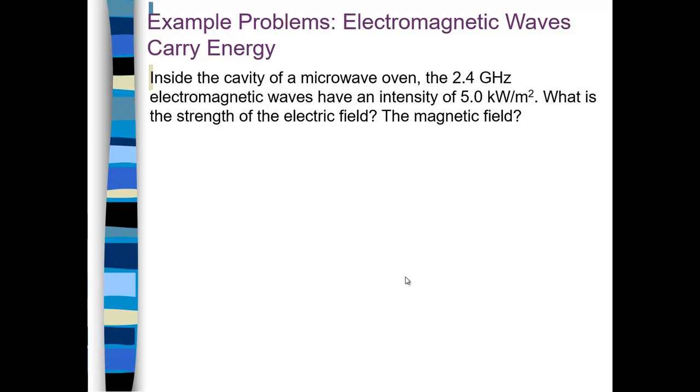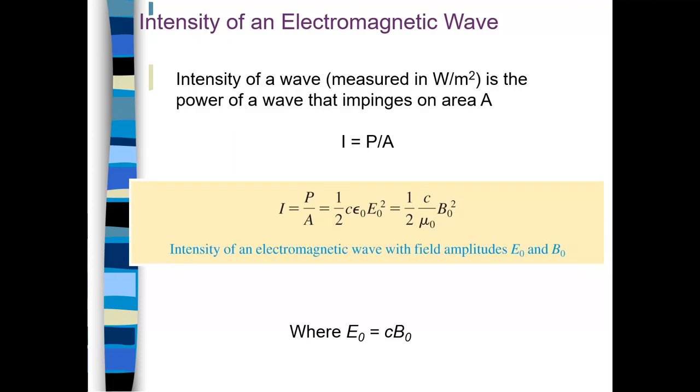And we want to know the strength of the electric field and the strength of the magnetic field. So we know that intensity is just power over area. Okay, that's given already. And we can relate this to our electric field by the speed of light times the emissivity constant times the square of our electric field. So we can back calculate what electric field would be equal to if we have intensity.